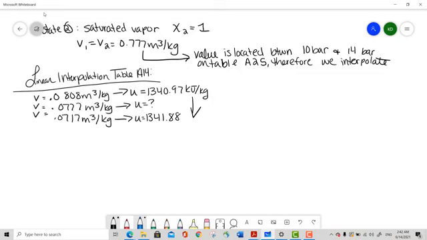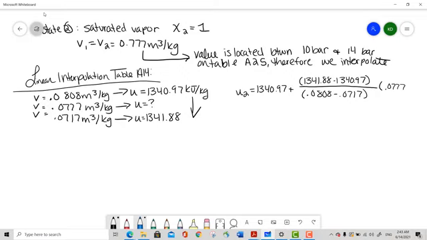1941.88. Okay, and so then I can take this and plug it into the formula. Okay, and then U2 ends up being 1341.27 kilojoules per kilogram.